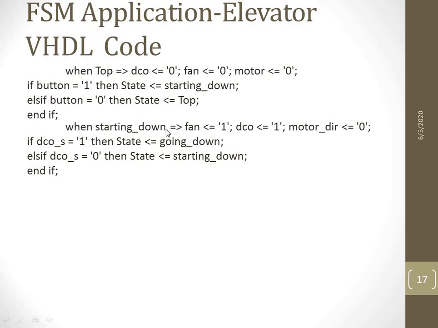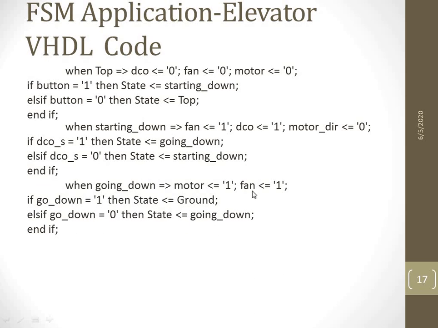So when starting down, again the same thing should happen. The fan should be on, door should be closed, motor direction will be 0, but if the door close switch is 1, then it will show going down, otherwise it will stay at starting down.